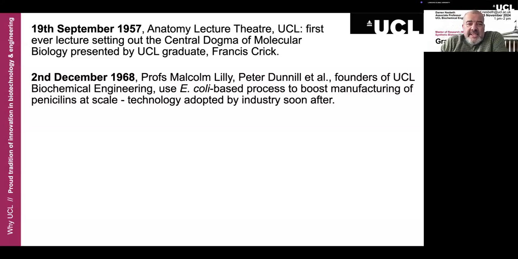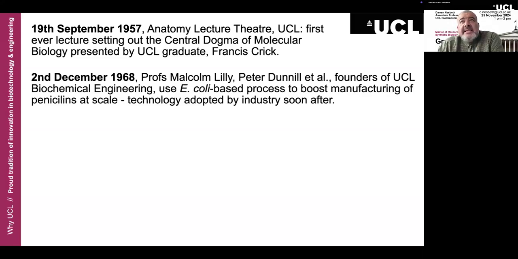Then we moved to the 60s, and some of the founding professors of the department had a key role in basically tech transfer of the penicillin manufacture to a more scalable E. coli-based process. Quite rightly, the discoverers and the early developers have the most profile when it comes to penicillin.